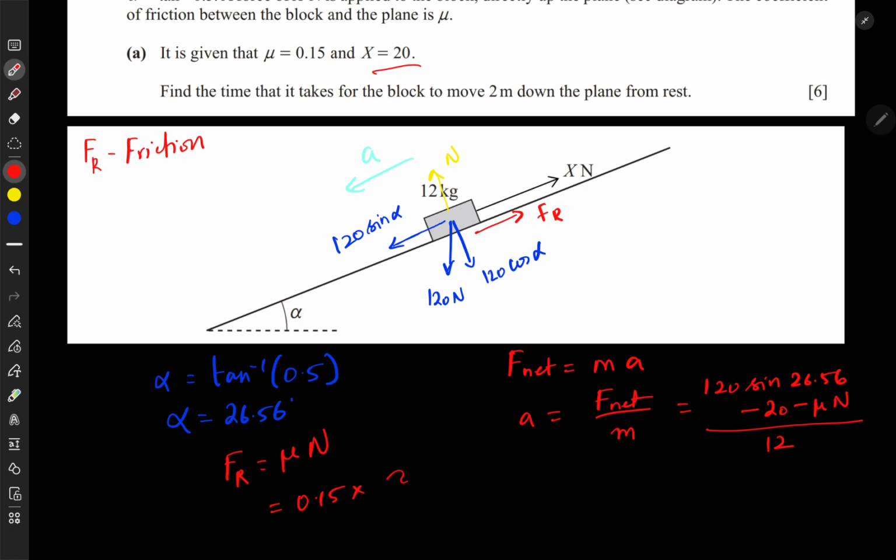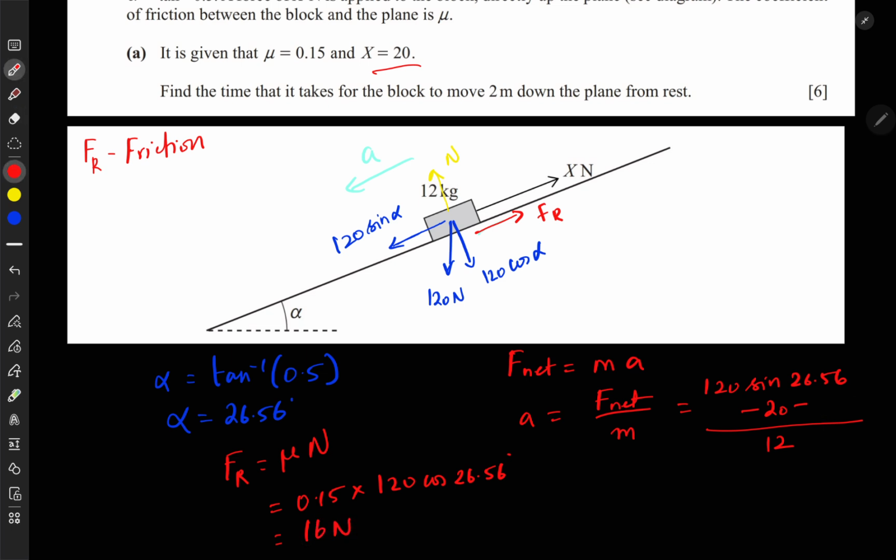So N is 120 cos 26.56 degrees. Using the calculator, mu N comes to 16. So instead of mu N, I can write 16 here.